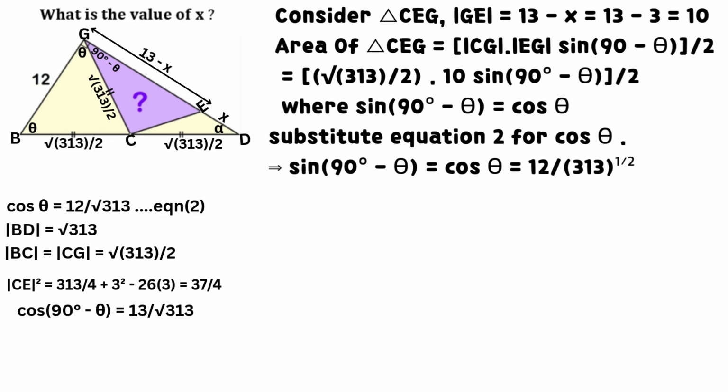Substitute equation 2 for cosine θ. This implies that sine of 90 degrees minus θ equals cosine θ, which equals 12 divided by the square root of 313.